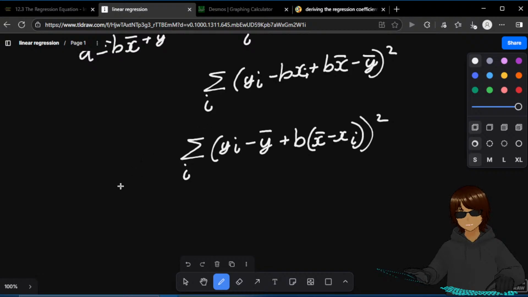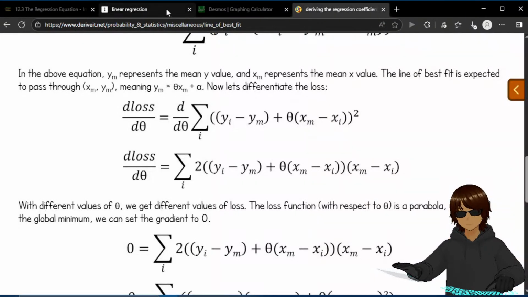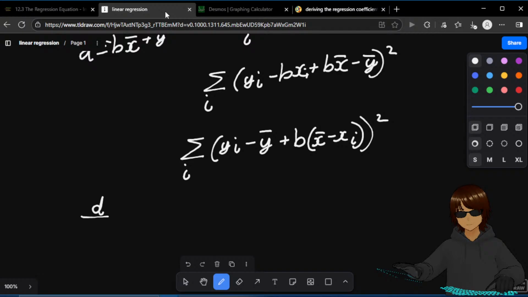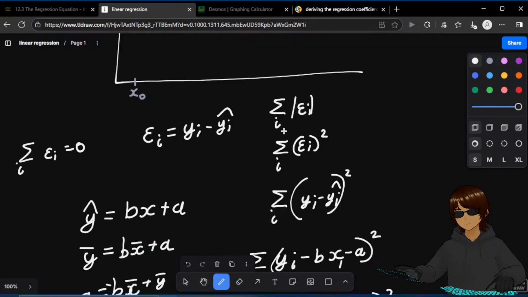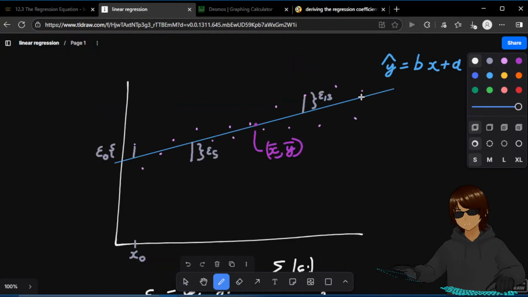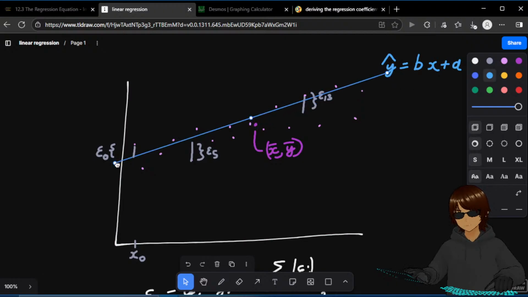So deriving this with respect to xi, right? No, with respect to b. So this is what we are going to do. This line will be fixed at this point, and then we will just change the gradient.